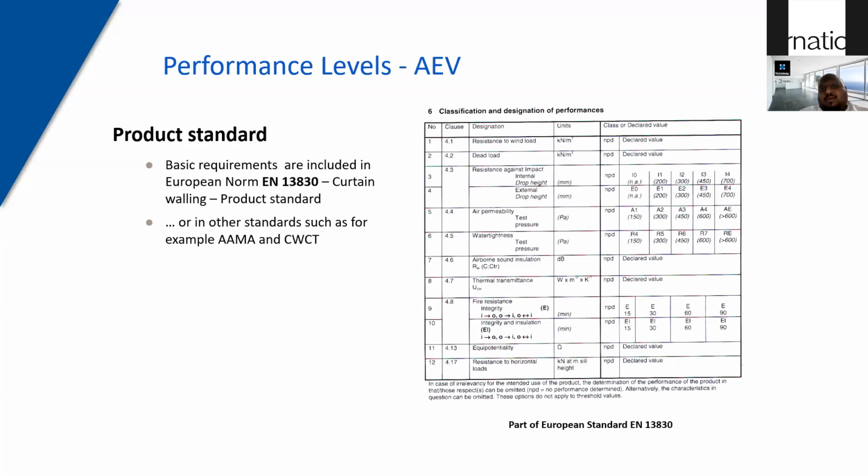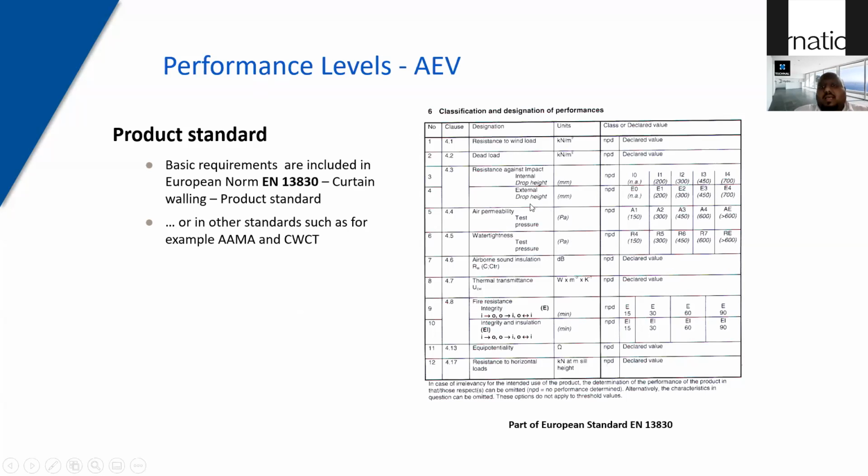So these are your three go-to standards, and each standard has a different format of testing, but nevertheless, you have to understand the various criteria we look into when we choose one facade over another facade. So I'm going to walk you through that.